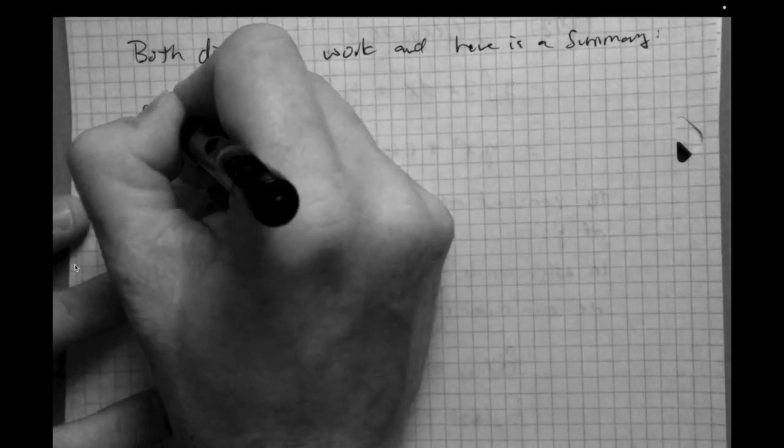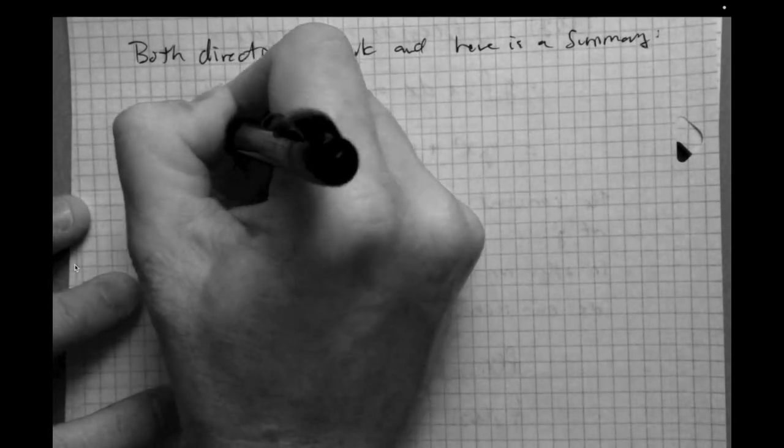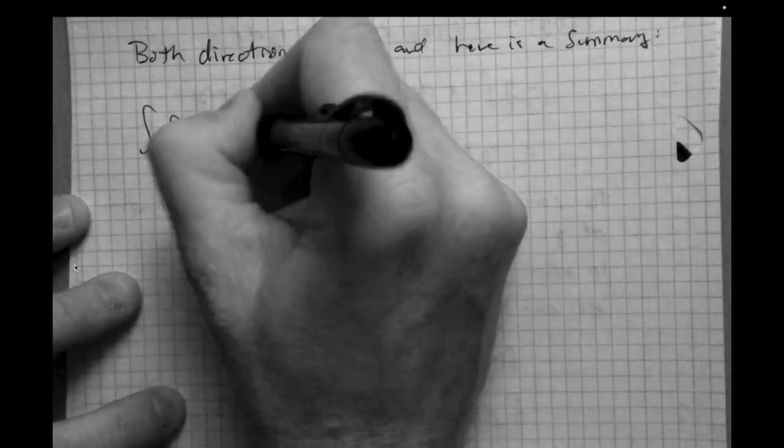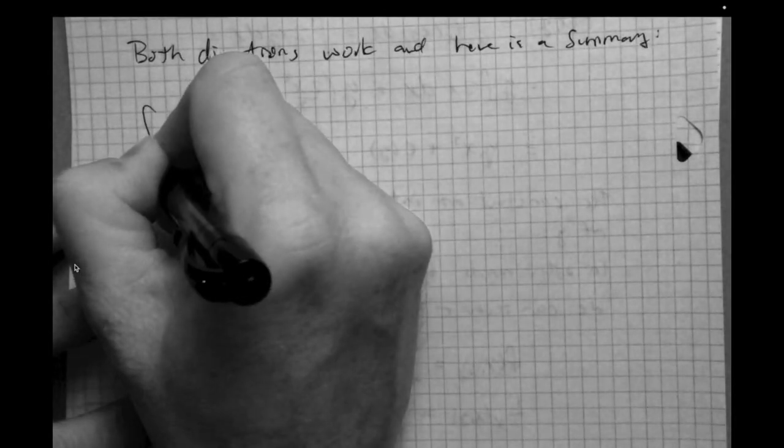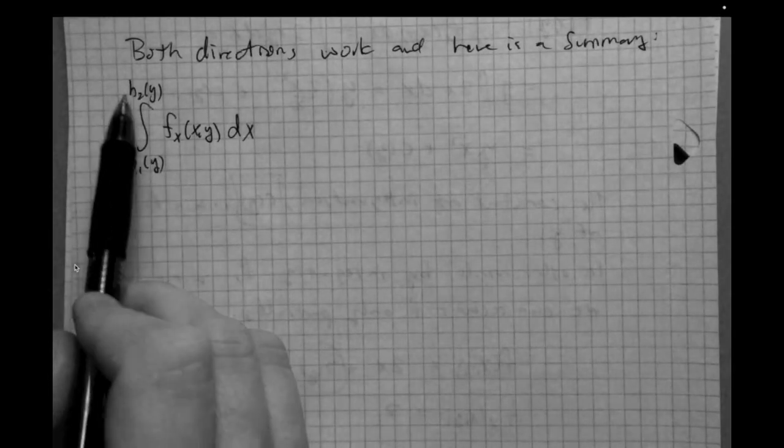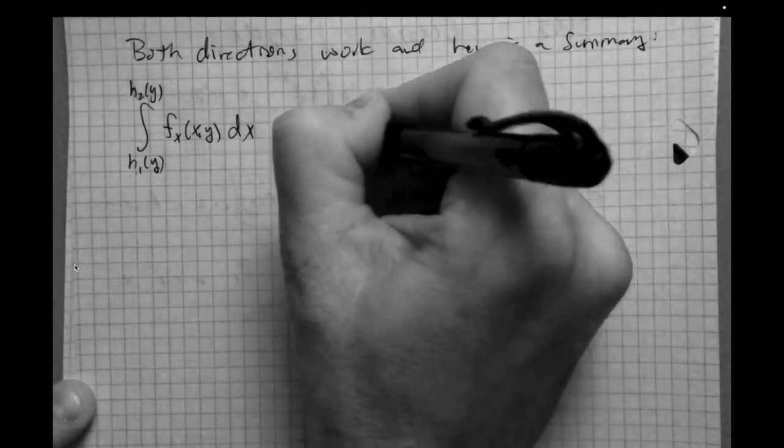So the first thing you might want to do is say I've got some partial with respect to x, and I want to integrate with respect to x. So what I'm going to use as my bounds are two functions of y. So this is a function of y, it could be a constant, and this is a function of y, which also could be a constant. And so when I do that, what I get back is this, right?